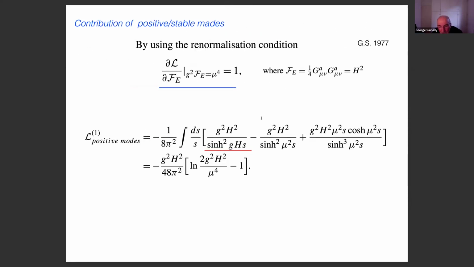Now, as you see, this is a counter term, which is proportional to h squared. And this also h squared. But beautifully, you see, it's sine square mu square s, and here is cosine mu square s divided by sine cube mu s.